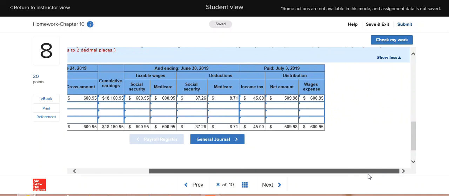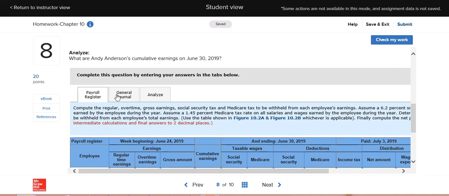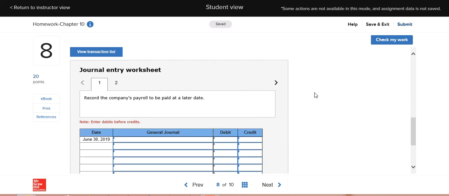So basically what we're going to be left with is gross pay, which is our wages expense. We're going to have all these deductions and then a net pay. So that's the format of that journal entry. It would be so nice if this showed on one screen without having to scroll.